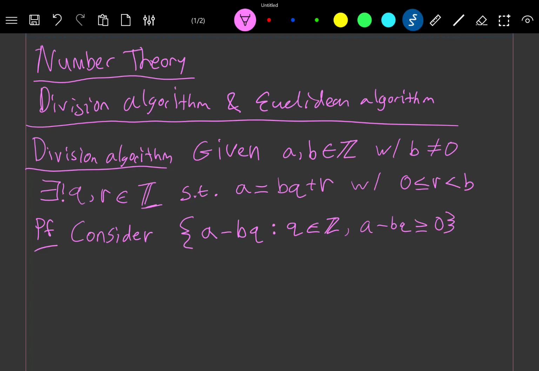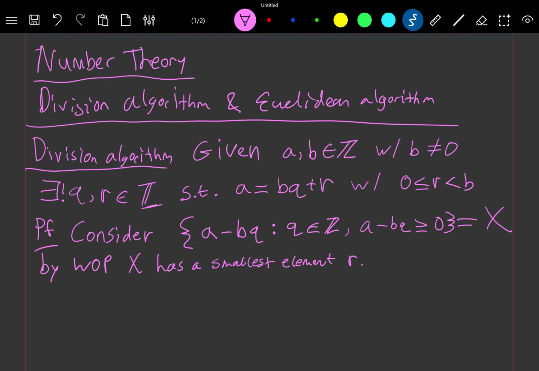Let's call this set X. By the well-ordering principle, X has a smallest element. This is a subset of the positive integers, because a, b, and q are all integers, so this is a set of integers.